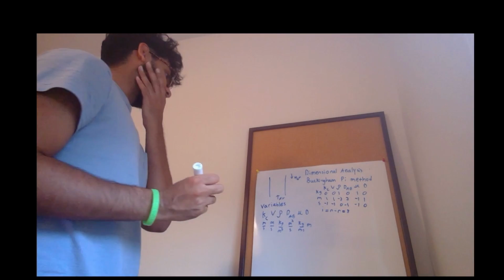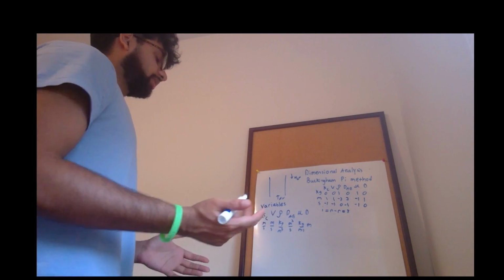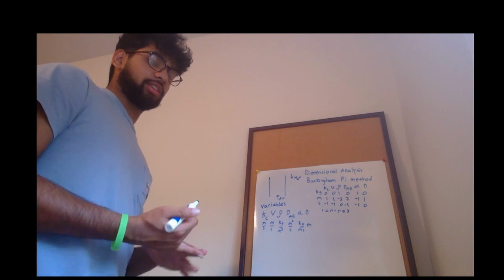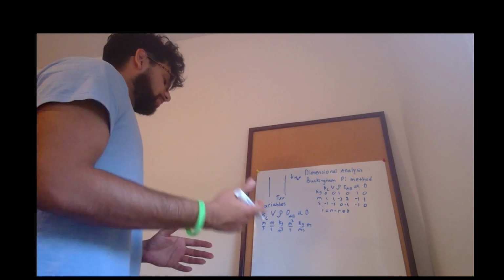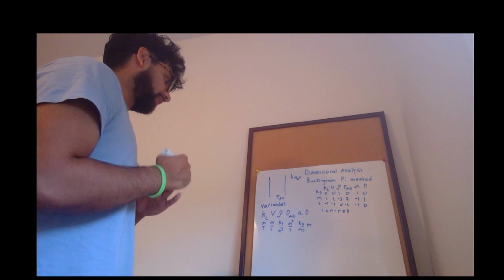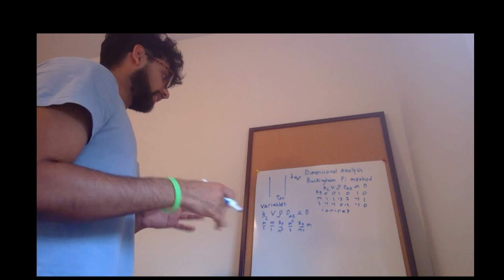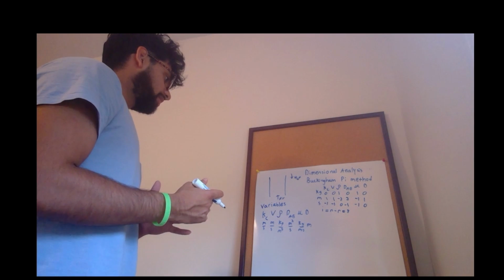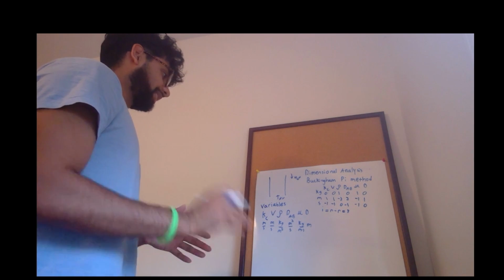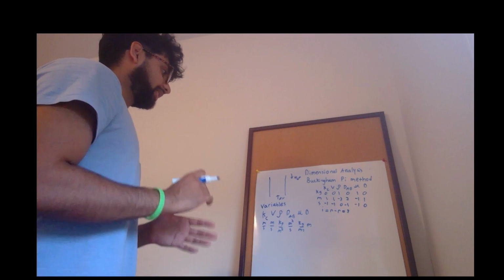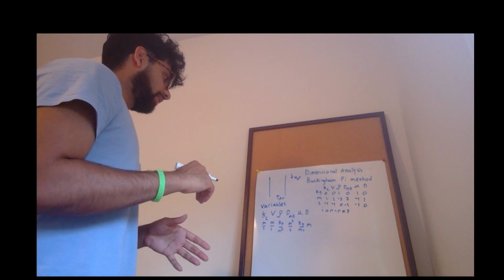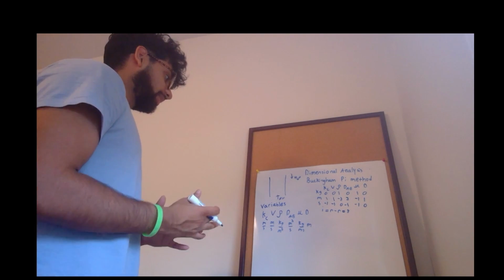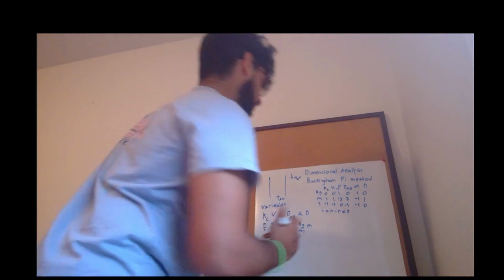So starting off with the first one, I will have my first dimensionless group using the Kc variable. So I'm going to do Kc times the mass diffusivity times the diameter times the density.